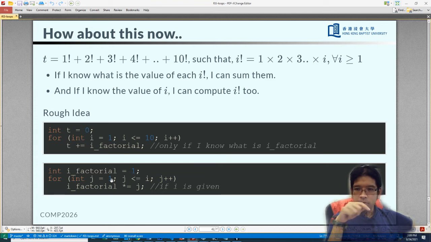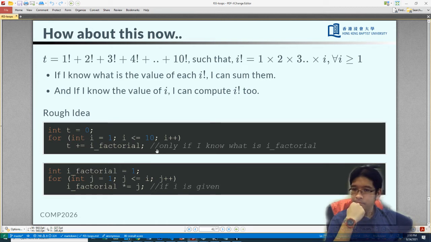So j equals 1, and then multiply that to i factorial, and then multiply the second values to this one up to the value of i. So this part will calculate i factorial if we know the value of i. This part will calculate the value of t if we know the value of i factorial for each i. So basically what we're going to do is combine these two together.